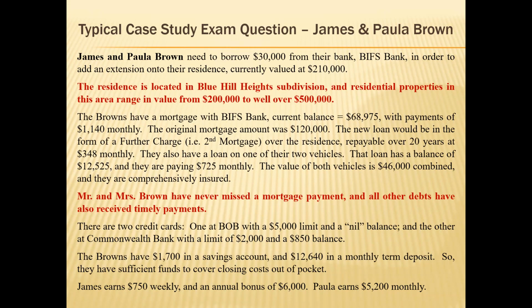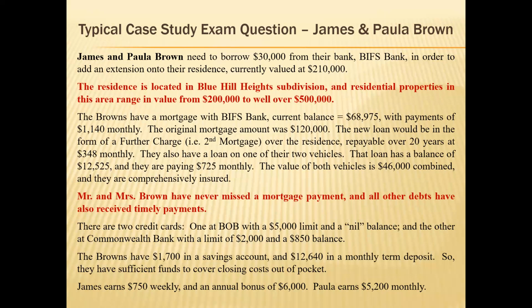So we've included in this narrative the range of value of properties. Okay, so the lowest value is 200,000, and the upper range is saying well over 500,000. Okay, I really like appraisals that say that. You should tell me what the upper limit is, but anyway, to well over 500,000 is what is being said in this one.